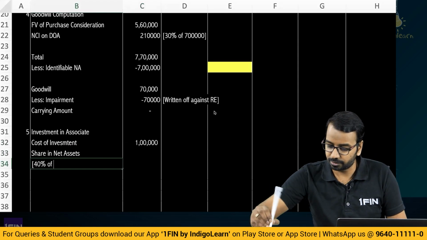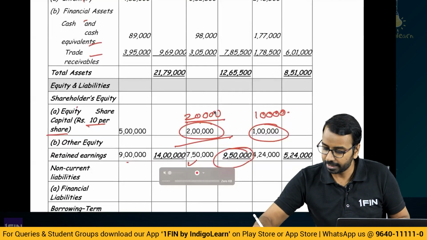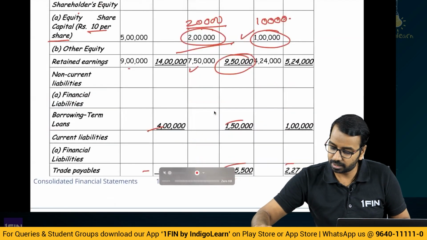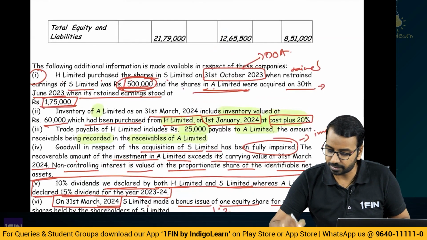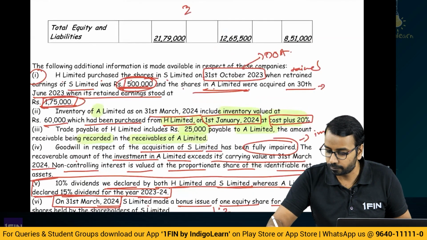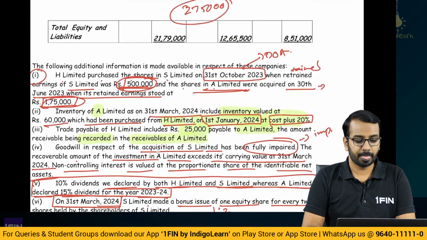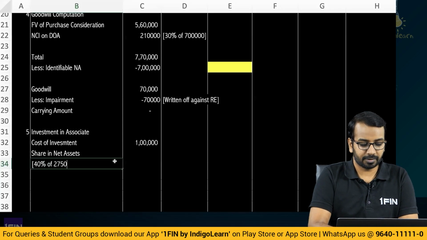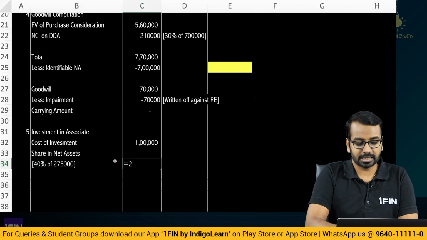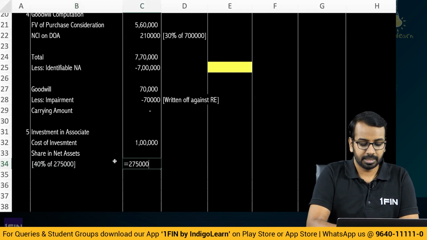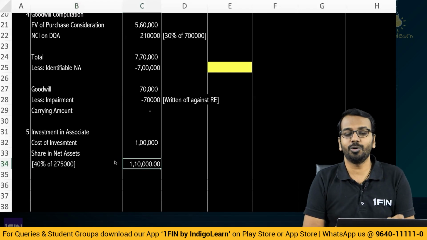Equity share capital, here you can see, is 1 lakh, and retained earnings on the date of acquisition is 1,75,000. So, basically of 2,75,000 we have 40%. So, 40% of 2,75,000, that is 2,75,000 into 40%, which works out to 1,10,000.